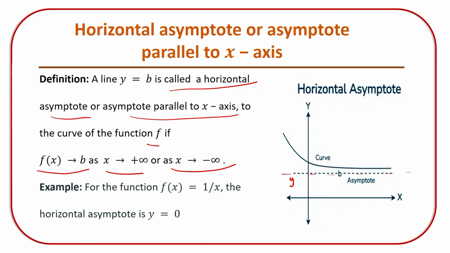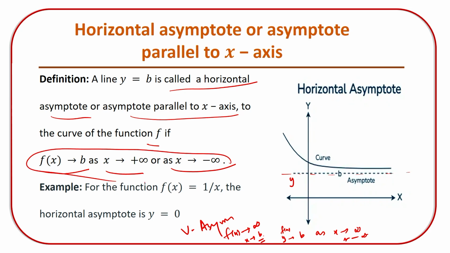Previously, with vertical asymptotes, you had learned that f(x) tends to infinity when x tends to some constant b. Here it is a different thing. Here we are saying that y, that means f(x), tends to b as x tends to infinity or minus infinity. You have to remember this.